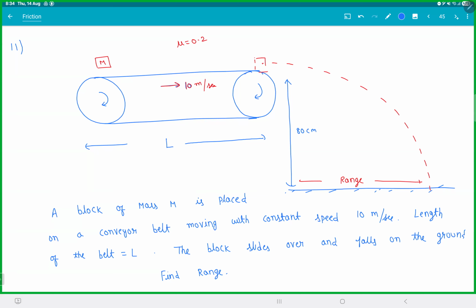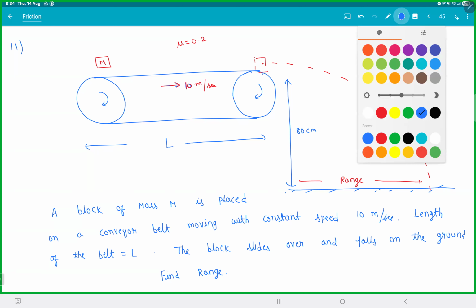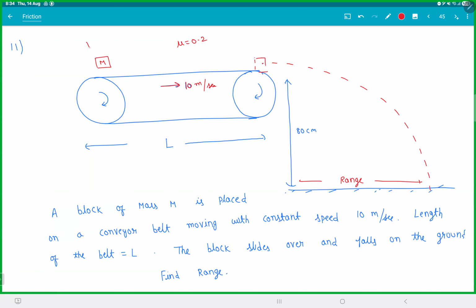Hope the question was clear. What will be the direction of friction on the block? Start from there. Try. I'll give 2 minutes, then we will see.